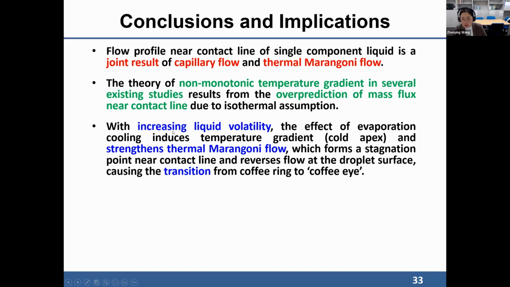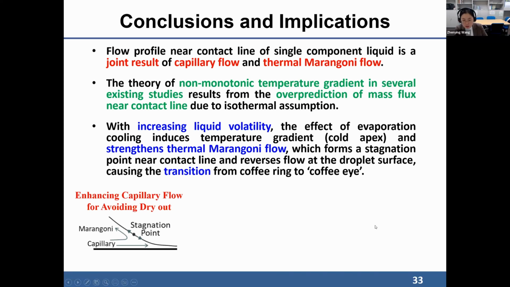And with our micro-PIV check, with an increase in liquid volatility, we can see that the thermal flow gets stronger, and it causes the transition from the coffee ring to a more interior deposition pattern.